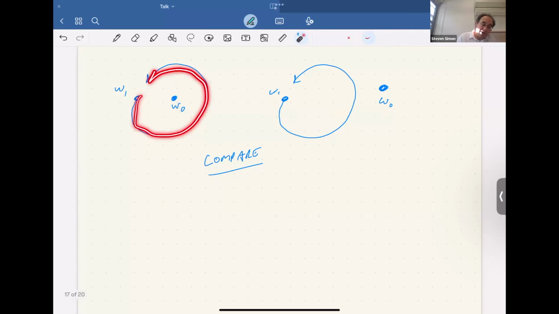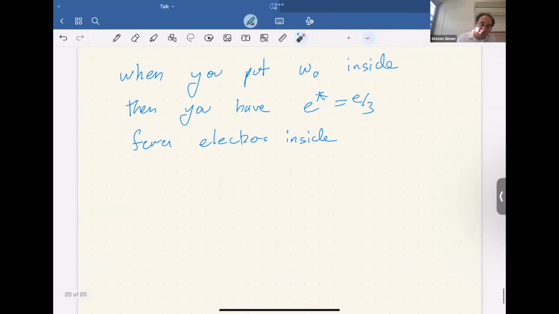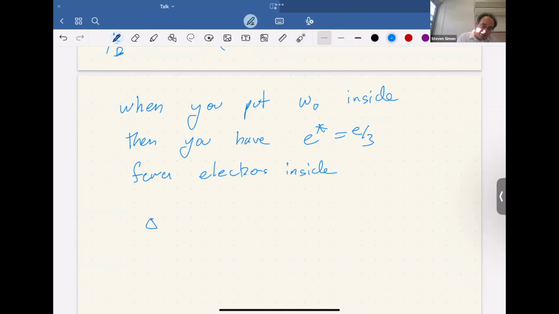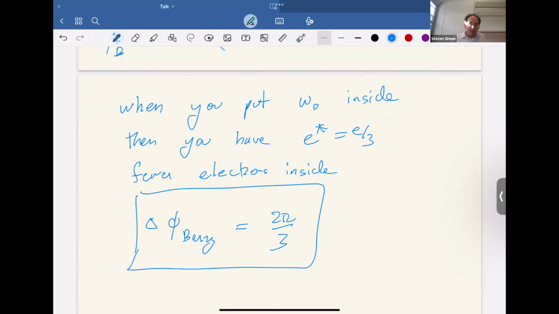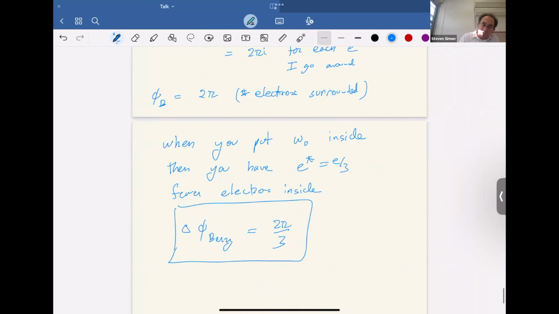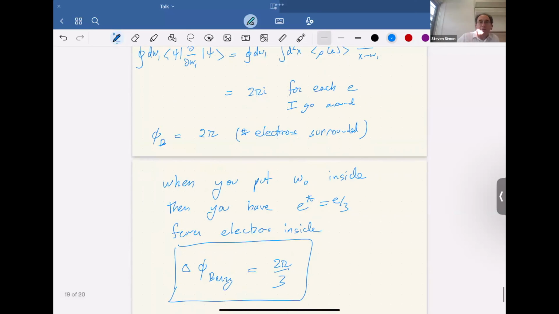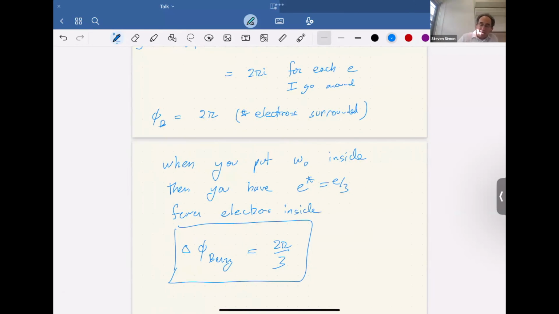So when this guy goes around, it picks up 2 pi divided by 3 less phase. So delta psi Berry equals 2 pi over 3. And this is the final result, that you pick up a fractional phase for one particle going in a loop around the other particle. And that's the anyon phase.